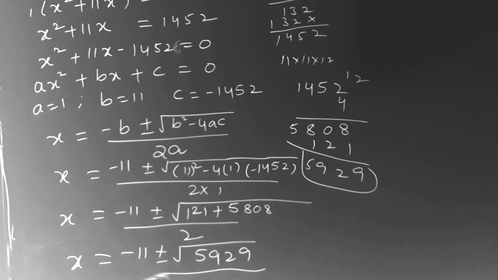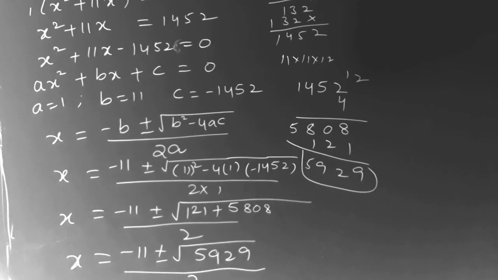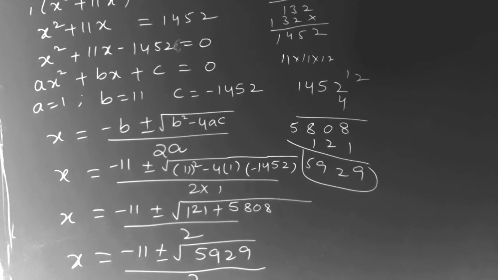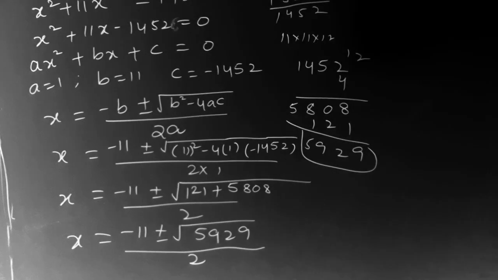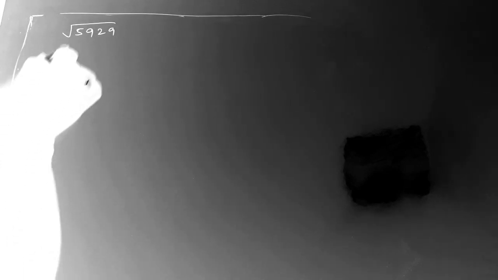5929 by 2 here. So now here we are going to find the square root of 5929. Just you see here, it is 5000.